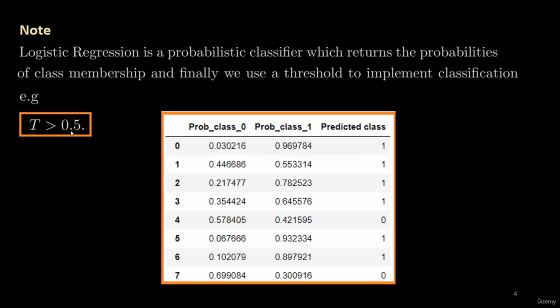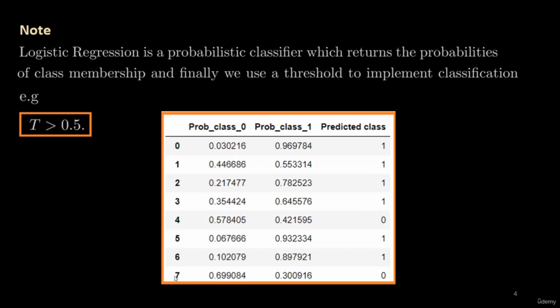If anything is greater than 0.5, it belongs to class 1. This is our threshold. And if anything is less than 0.5, it belongs to class 0. Here again this probability is greater than 0.5 and belongs to class 1, therefore this sample belongs to class 1.